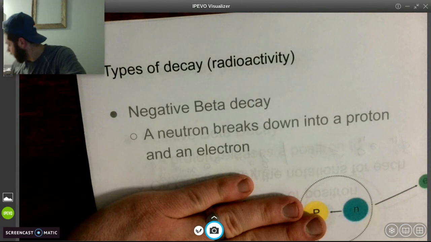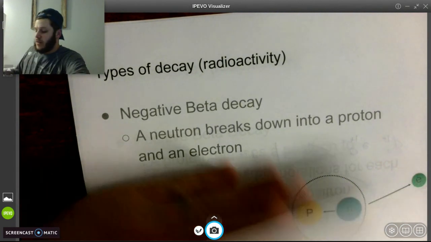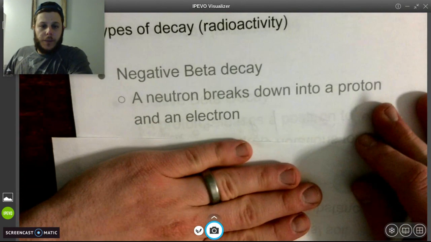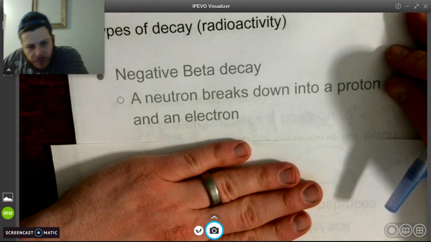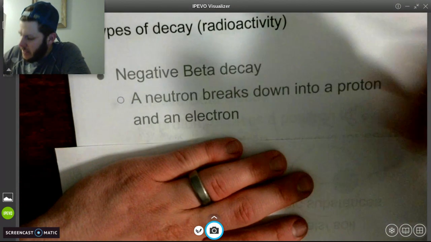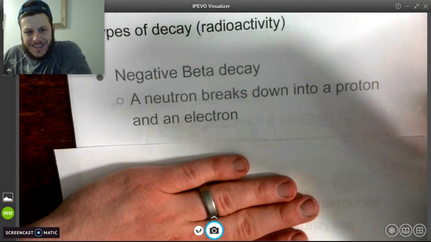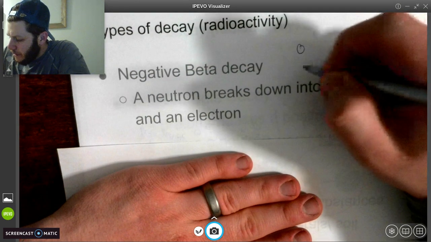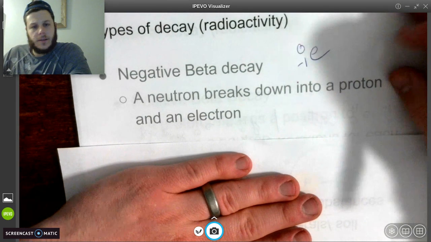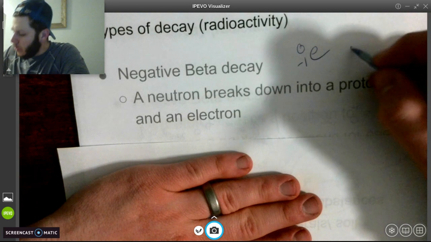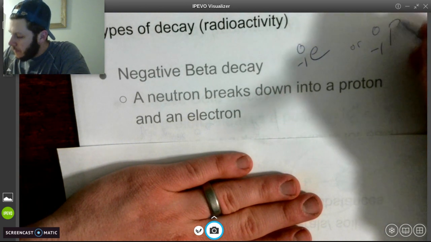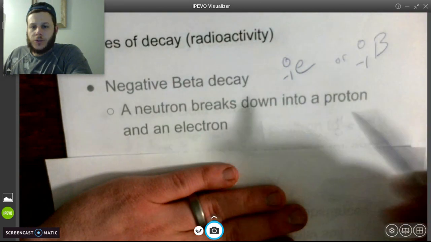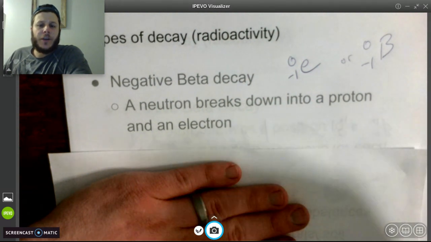I hope I didn't confuse you right there, but I think I'm going to clarify it right here. So a negative beta decay is the negative version of what we were talking about. That's that electron, the -1 beta particle, or this one. Those are the two symbols for a negative beta decay.